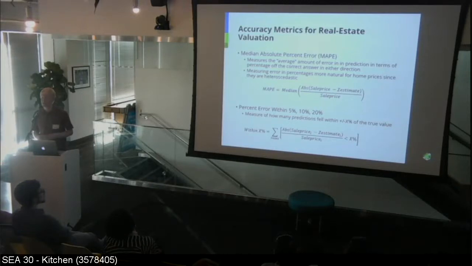And the reason is actually very intuitive. There's a lot of heteroscedasticity, which is fancy stats words for: a $1 million home is going to have, all things being equal, more variance in its sale price than a $100,000 home.